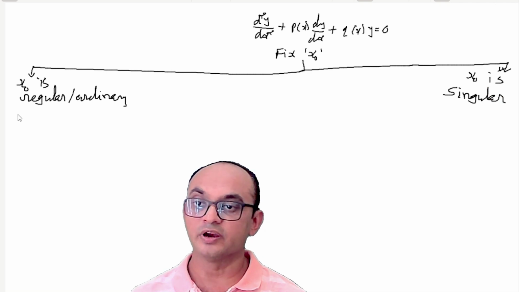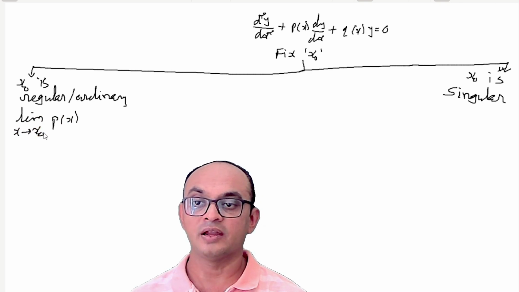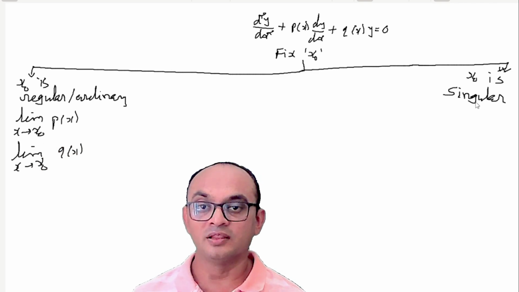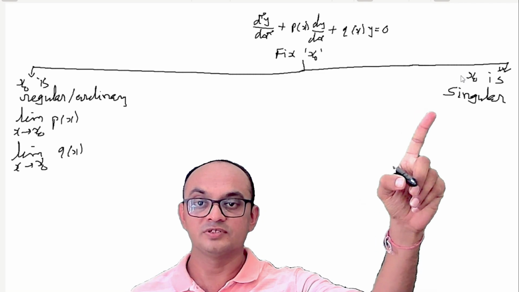We can say that it is ordinary if limit x tends to x0 of p(x) and limit x tends to x0 of q(x) both exist. Otherwise we have the case of a singular point.